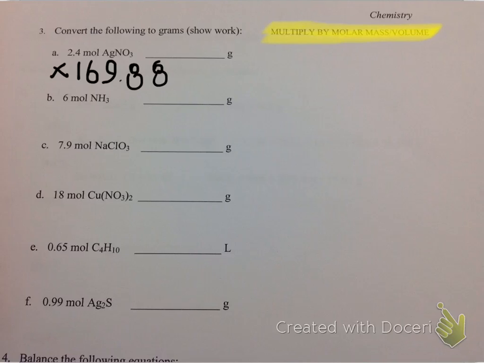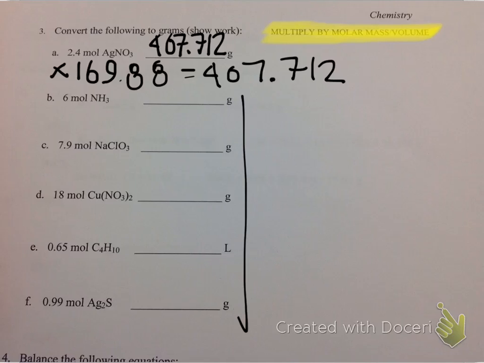If I take 169.88 and I multiply by 2.4, I get 407.712. So that's what I write here, 407.712. And you can do that for all of them.